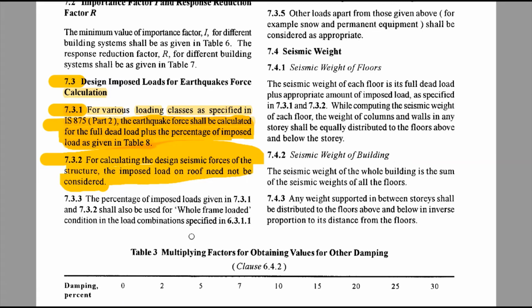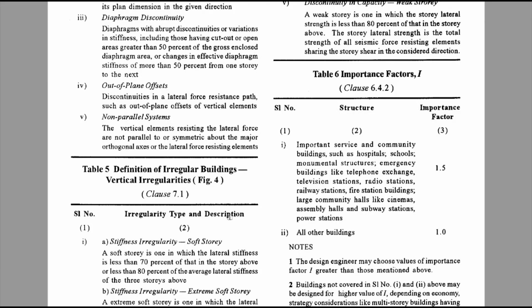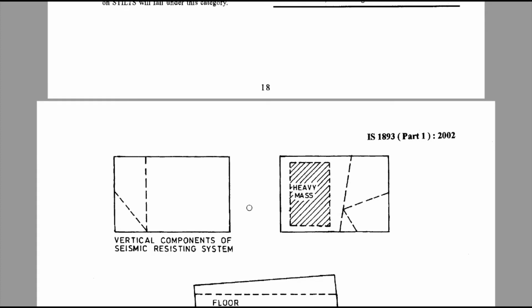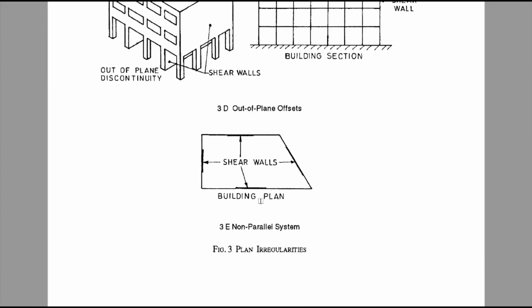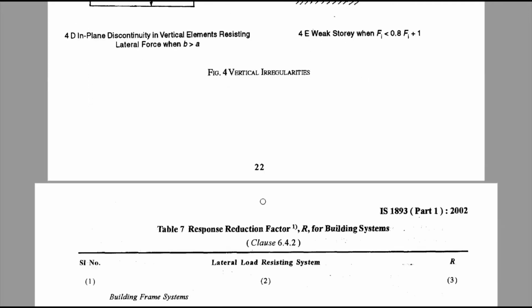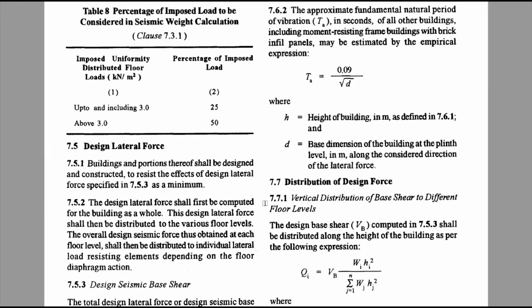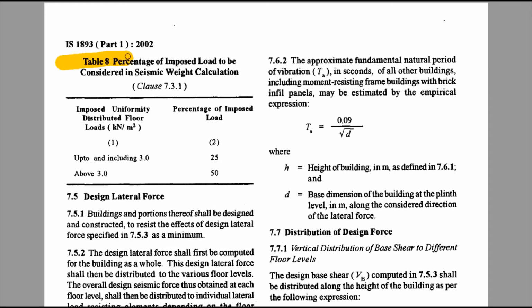So on the roof the live load is 0, but on the floor we have to go to Table 8. Table 8 gives the percentage of imposed load we consider for seismic weight calculation.